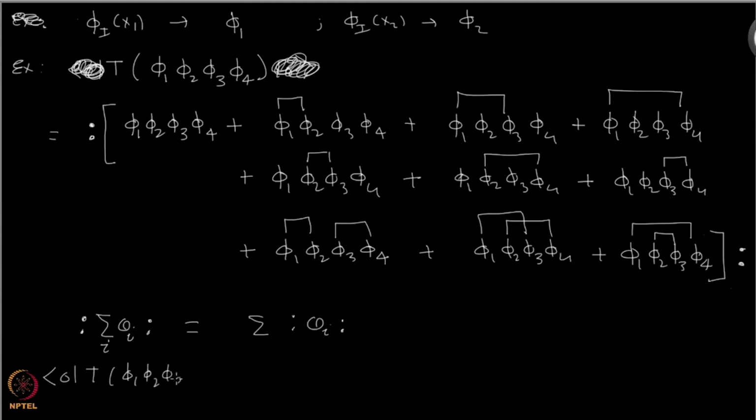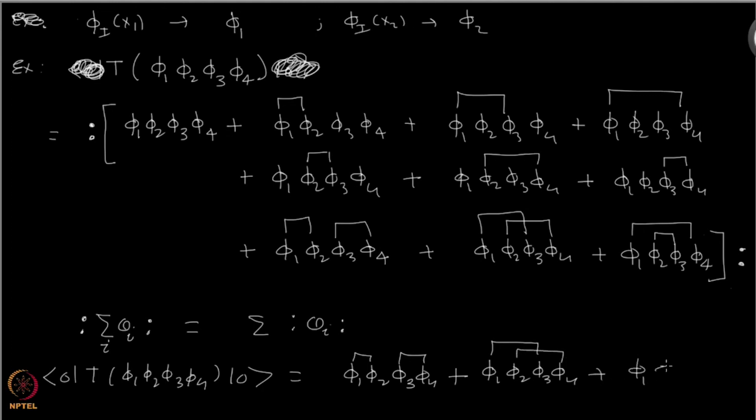So we have the result that the vacuum expectation of phi 1, phi 2, phi 3, phi 4 is just the phi 1, phi 2 contraction and phi 3, phi 4 contraction, plus this and this, where I have used the fact that the vacuum norm is equal to 1.